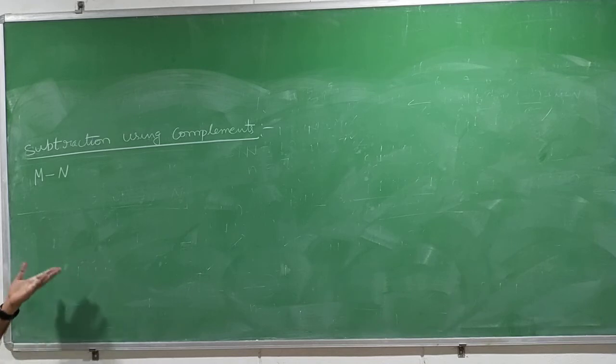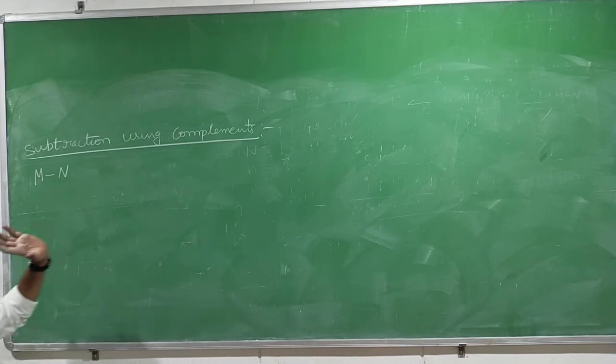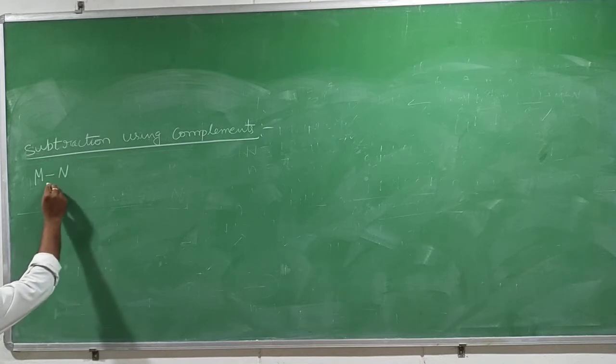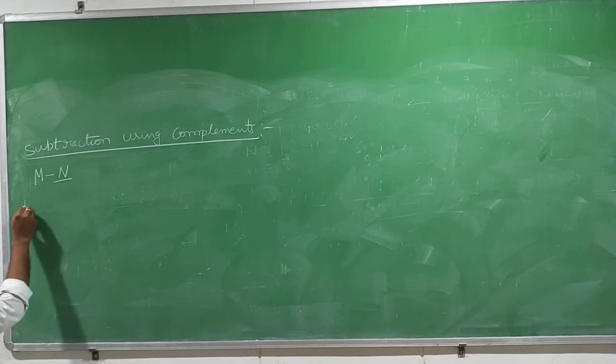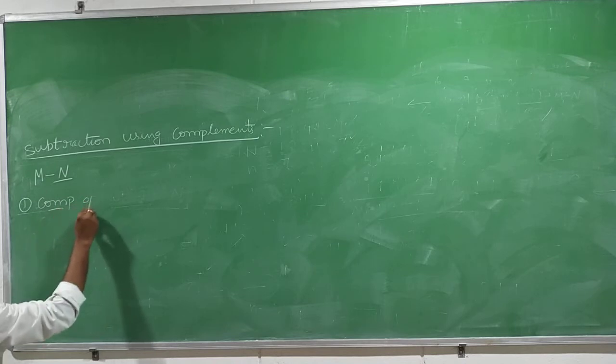So instead of that, we perform the same subtraction procedure using the complement. The result must be the same in both cases. If you want to perform m minus n, the first step is to take the complement of n.